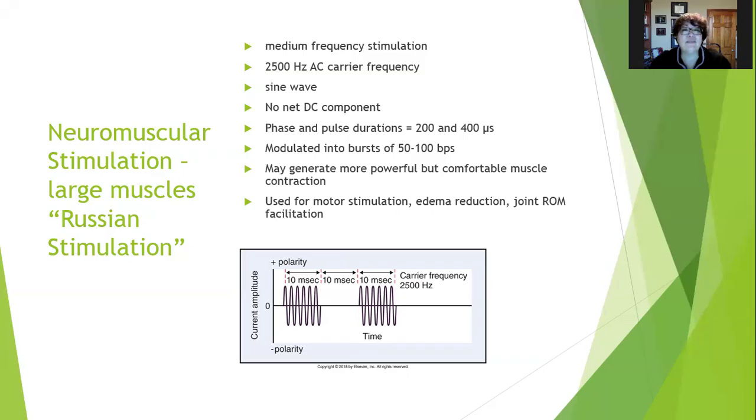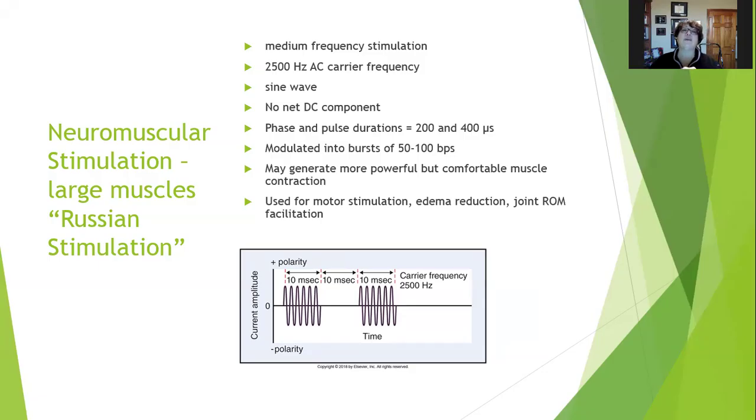But Russian stim gives a sort of medium frequency stimulation. I don't know what they mean by medium, but it has a 2500 hertz AC carrier frequency. Do we care about that? No. It's a sine wave, just like IFC is. There's no net charge.